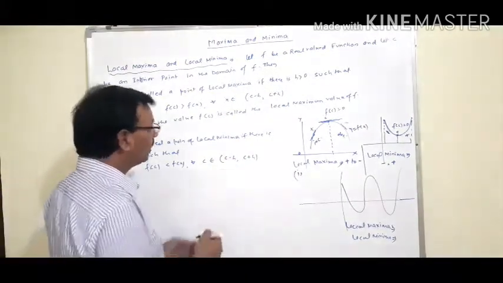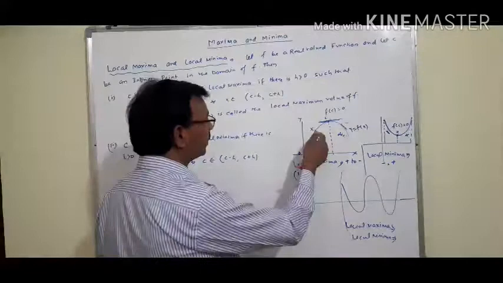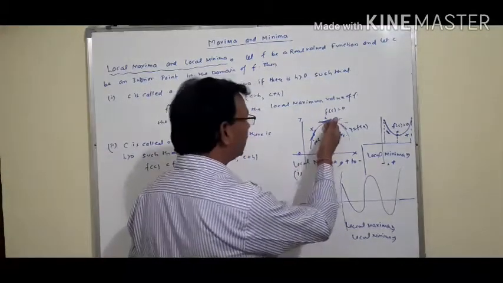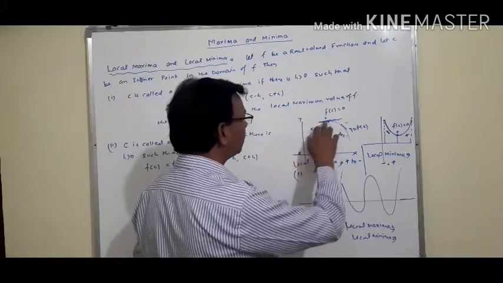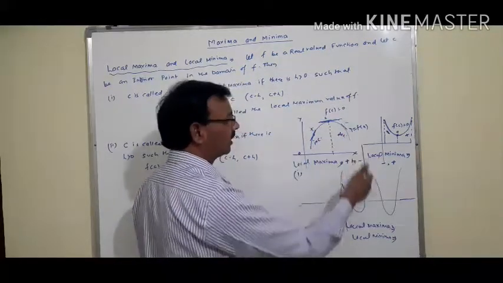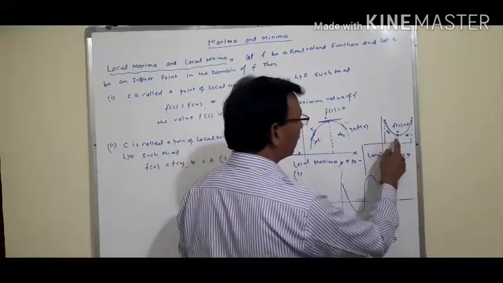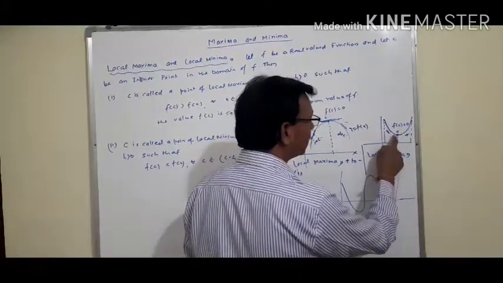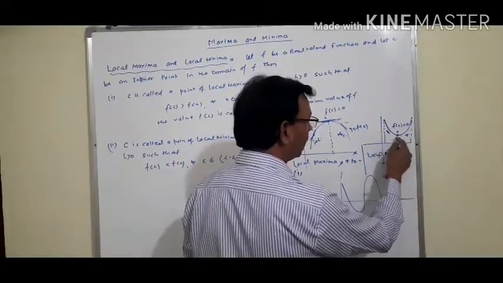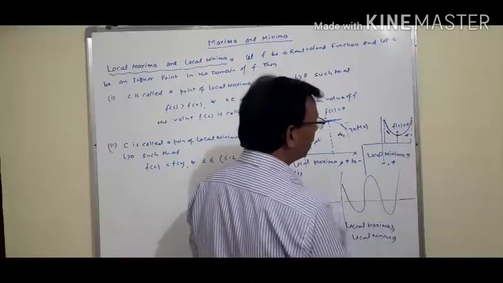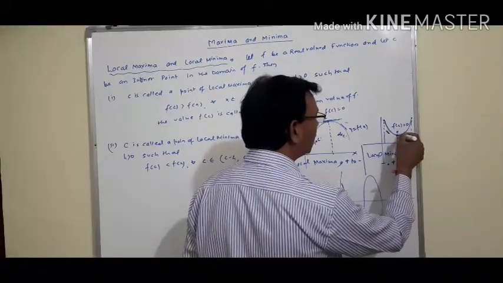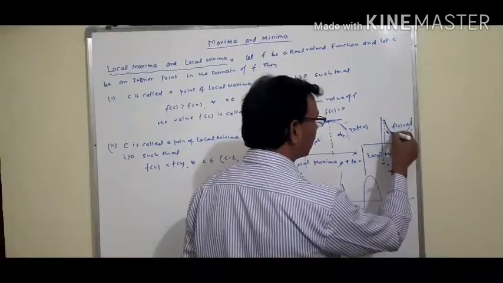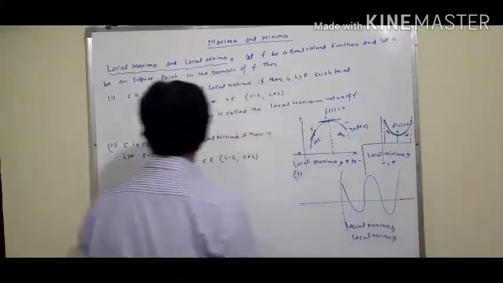What is the meaning of c minus h? In this situation, c minus h means slightly left from c, and c plus h means slightly right from c. This side is known as c plus h and this side is known as c minus h.